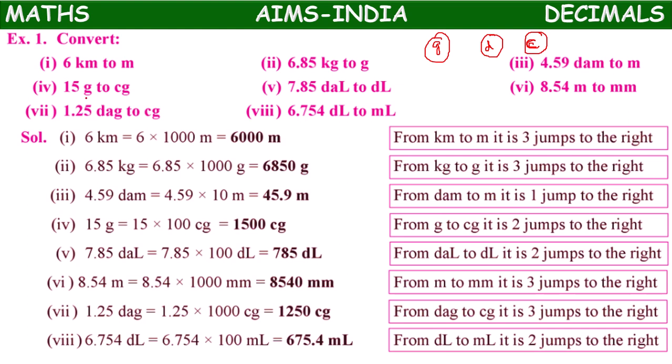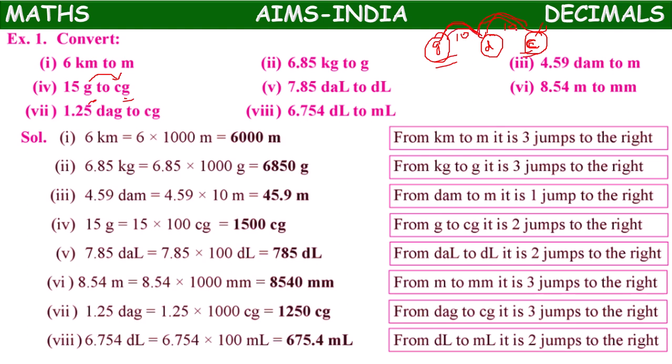Here we are jumping from gram to centigram, which is 2 steps from higher to lower. When we are jumping from higher to lower, 1 gram equals how many centigrams? For 1 step we have to multiply with 10.